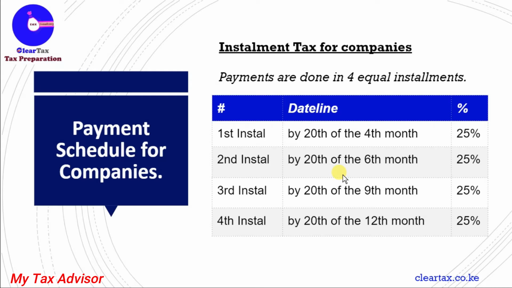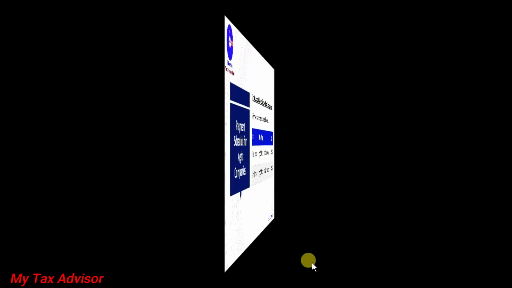Some end in December, some end in July, April, and so on and so forth. So depending on when the accounting period for the company is ending, you need to consider which is the 4th month, which is the 6th month, which is the 9th month, 12th month, and so forth, and then pay installment tax in the appropriate month. All right, so payments are done in equal installments, so still the same.